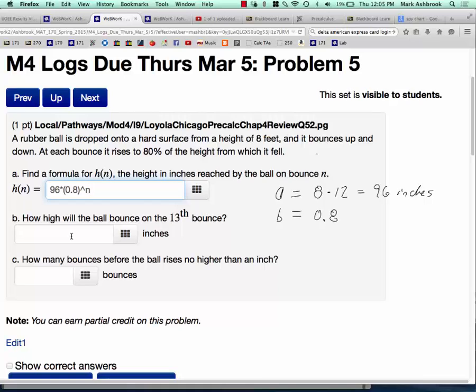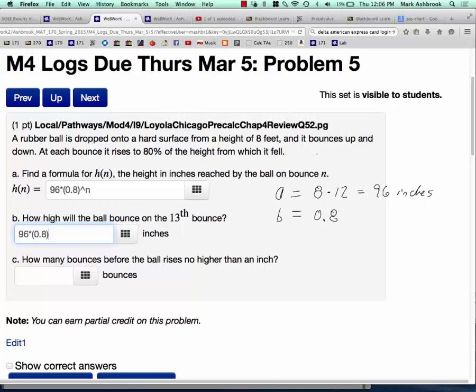How high will it be on the 13th bounce? Well, with every bounce, what happens to our original 96? What would that represent? 96 times 0.8. Pay attention.